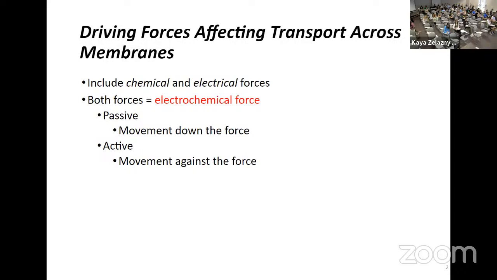If we just let sodium move the direction it wants to go, we don't need to put any energy in, it just wants to do that. Great, we'll let it. But if we want to move sodium or another ion against this electrochemical force, we're going to have to push. We're going to have to push hard. We're going to have to put in some energy, giving us active transport. So fundamentally, when we're determining passive versus active, we want to know about these forces.